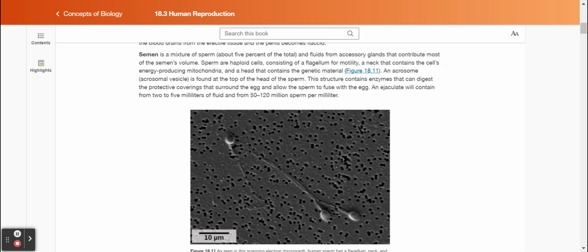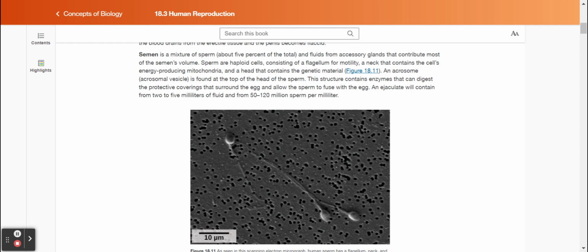Semen is a mixture of sperm, about 5% of the total, and fluids from accessory glands that contribute most of the semen's volume. Sperm are haploid cells consisting of a flagellum for motility, a neck that contains the cell's energy-producing mitochondria, and a head that contains the genetic material.